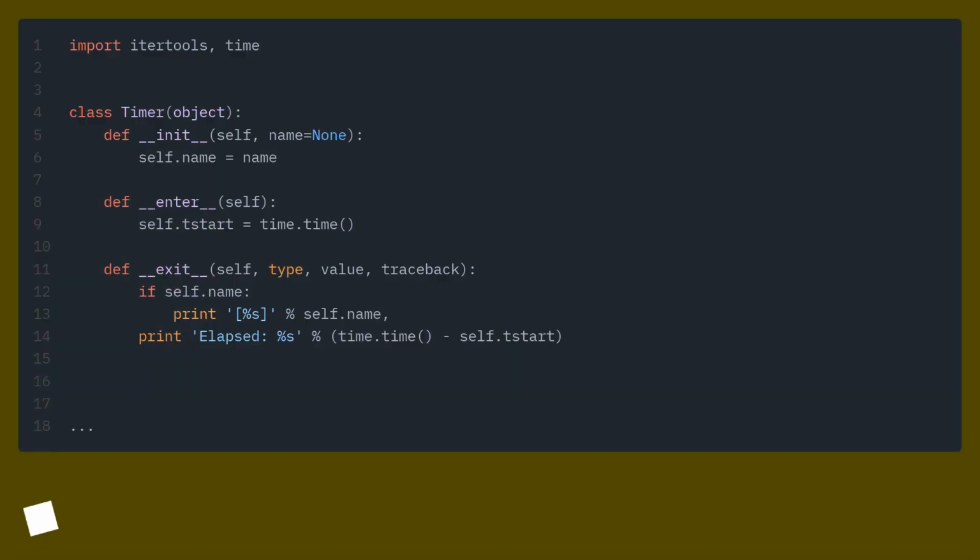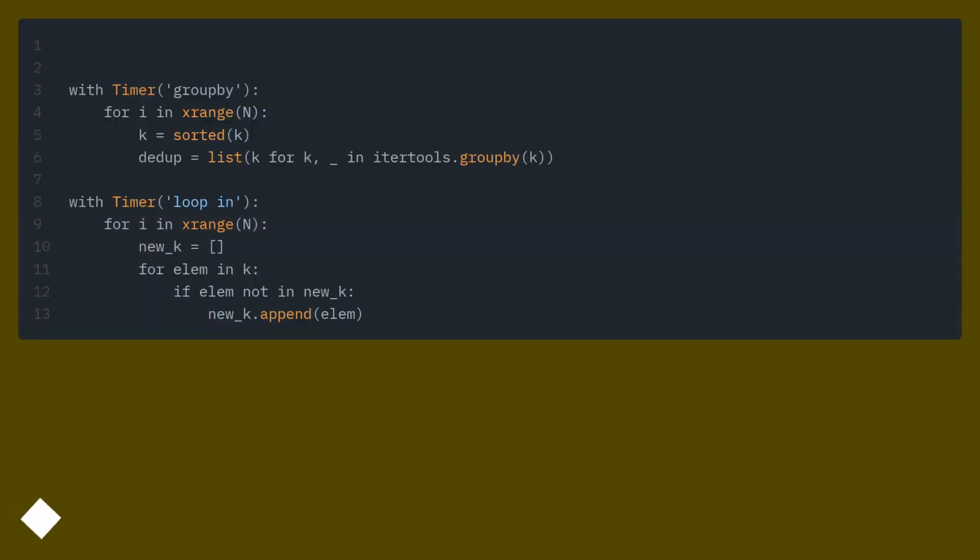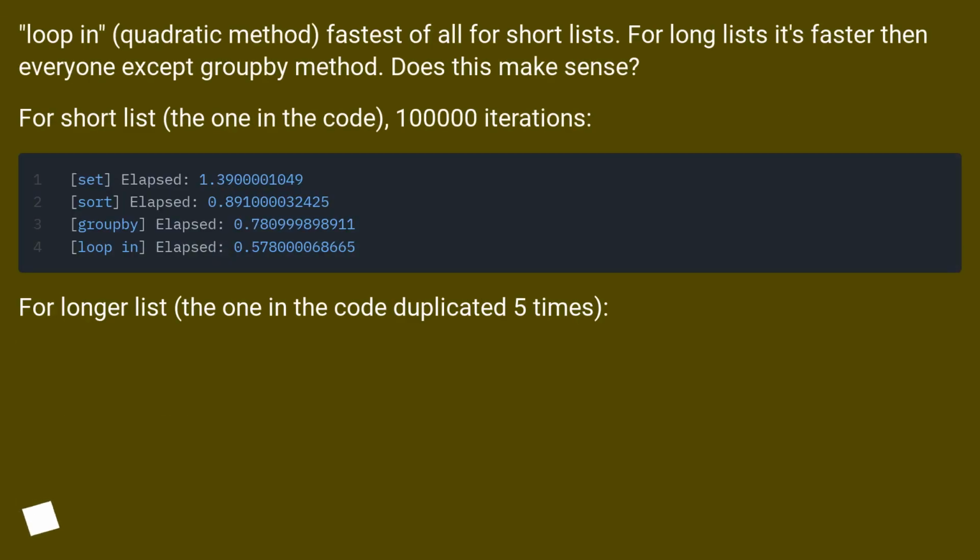Benchmarking. The loop-in, quadratic method is the fastest of all for short lists.